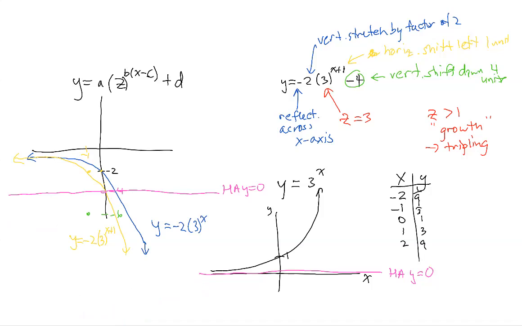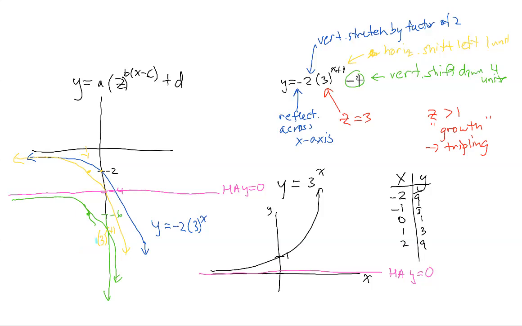And I still plotted that yellow point at -1 and -2, 4 units down to that -6 there. So it's still going to look something like that, and it's still going to cut through that y-axis there.